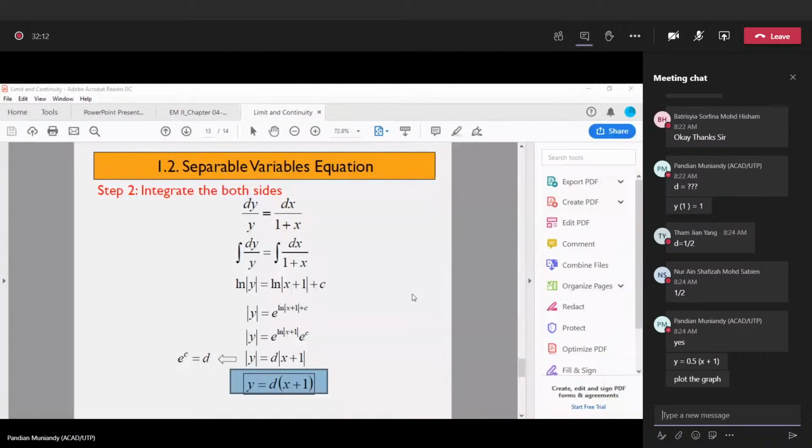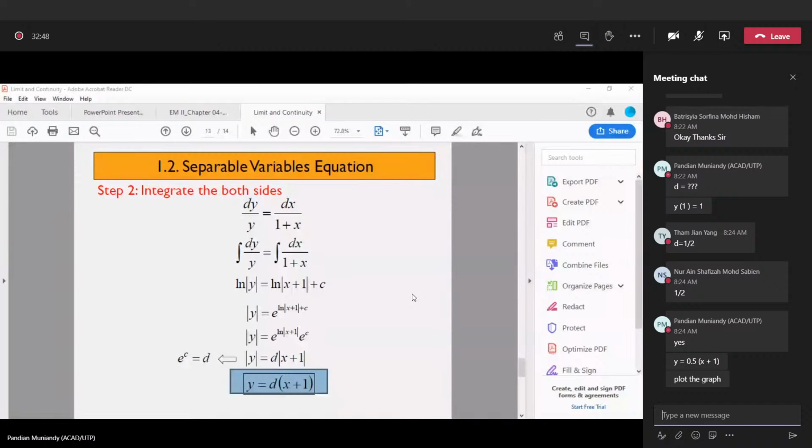So what is this graph, class? What is the shape of the graph? How does the graph look like? So you take a piece of paper, pencil, you draw the graph. Just sketch. Yeah, sketch will do. Anyone?